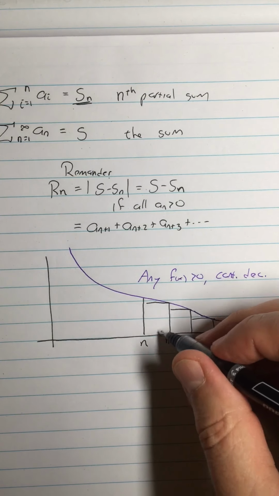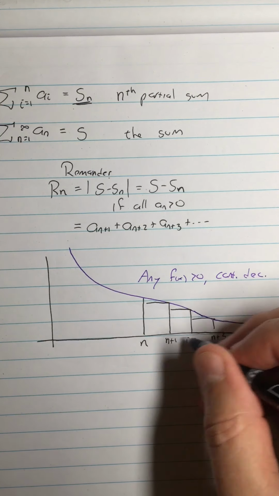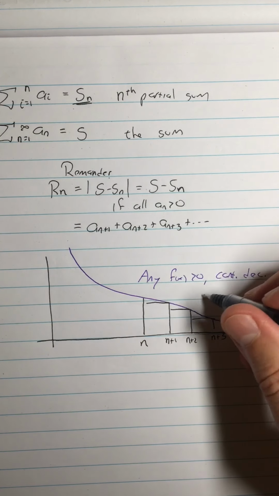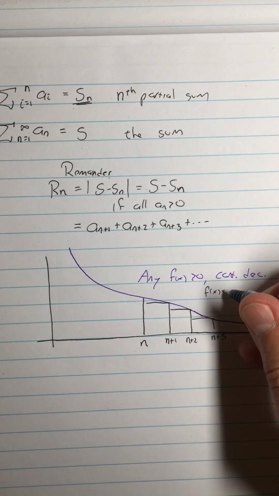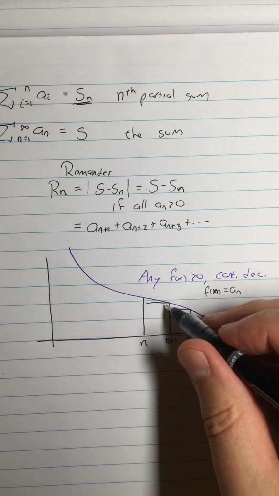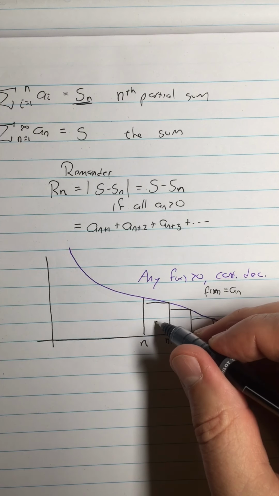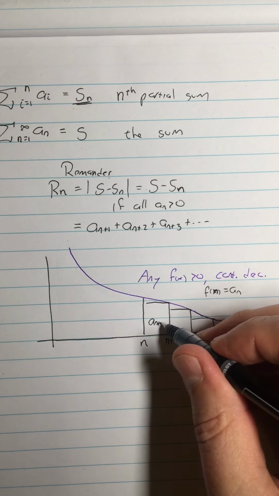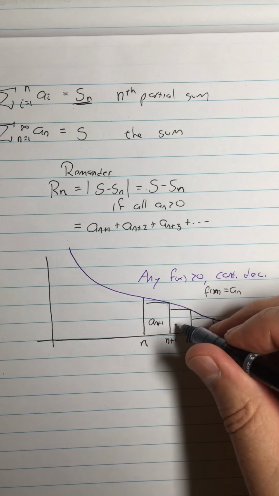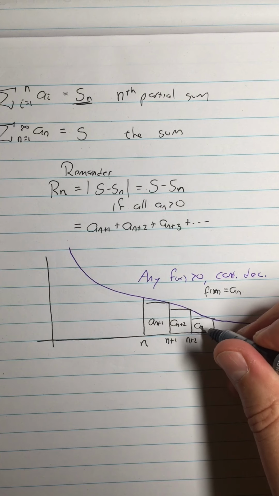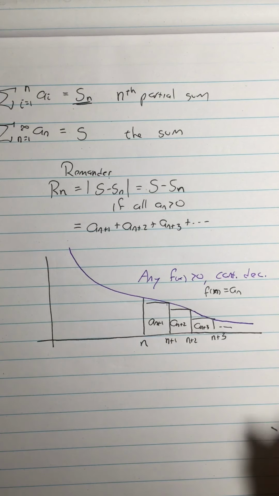Since the delta x's are all 1 and f of n is equal to a sub n, this height is always a sub n, the delta x is always 1, so the area of this rectangle is going to be a sub n plus 1 since we're using this side. This rectangle, the area is going to be a sub n plus 2, this rectangle a sub n plus 3, and so on.